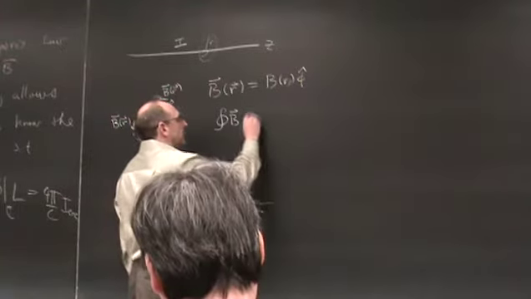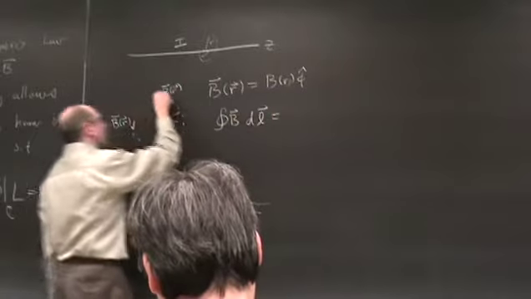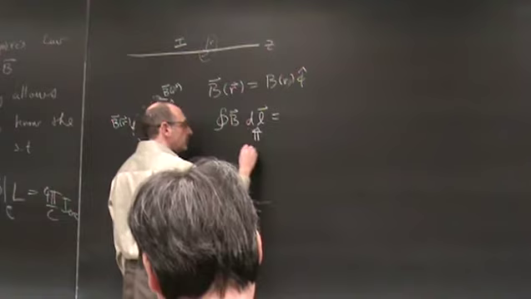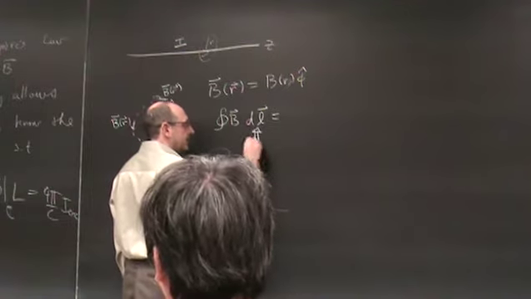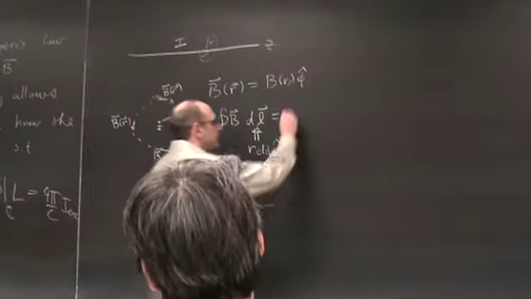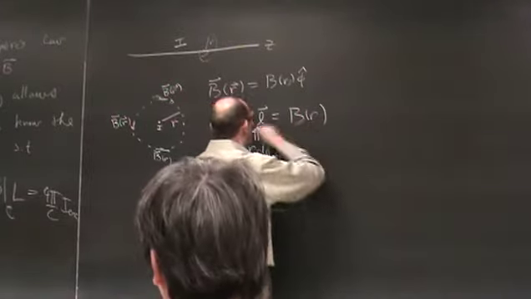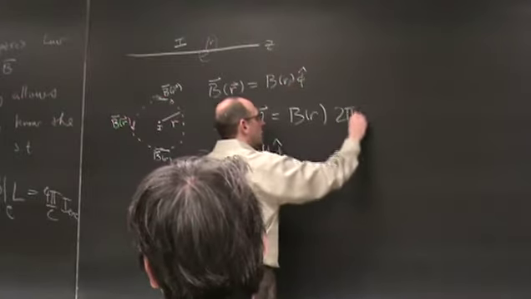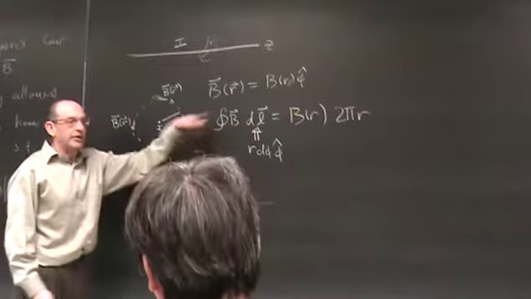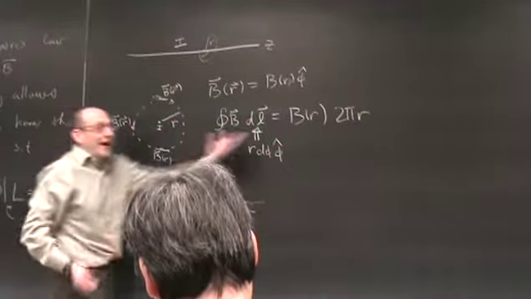But these are functions of position. The point is that since dl is equal to the radius r d phi in the phi hat direction, this is equal to B of r times 2 pi r. R is a constant, comes out, integral d phi. Well, that's the formal thing; you just look at it, it's the perimeter times that.